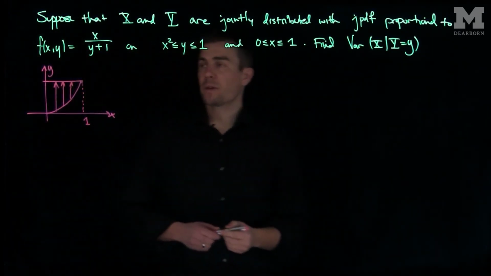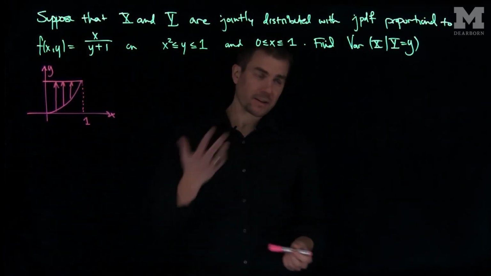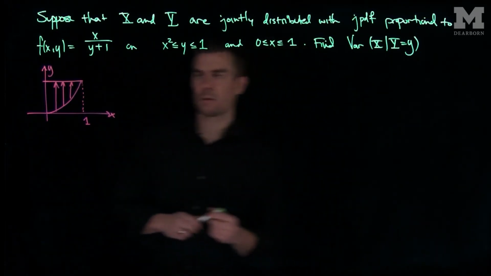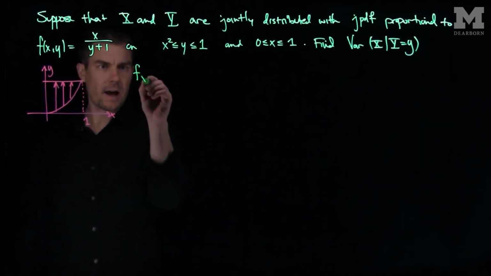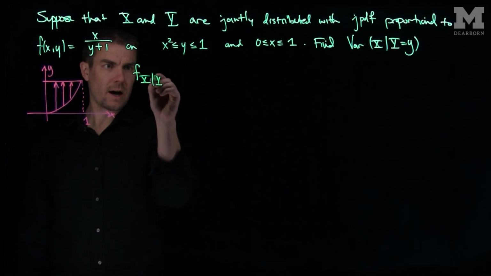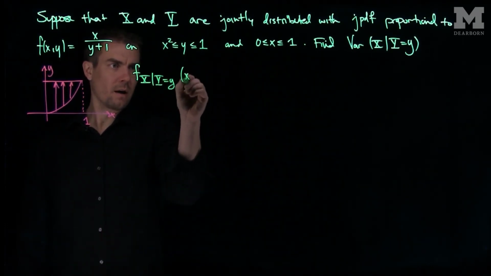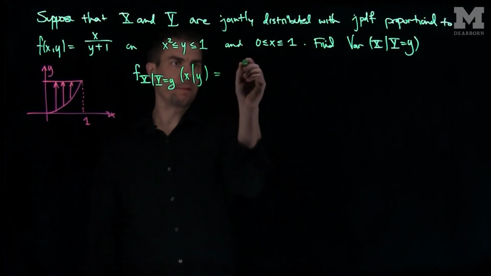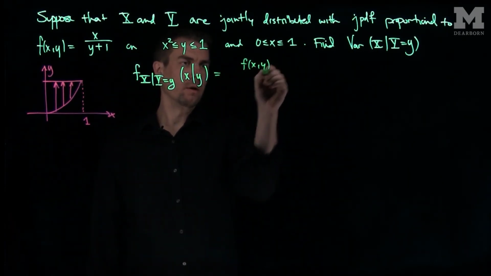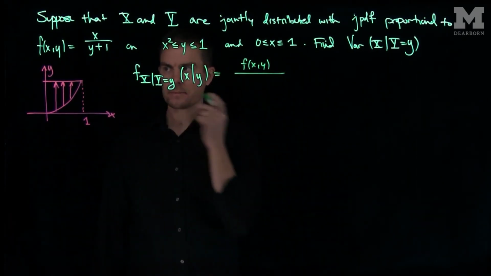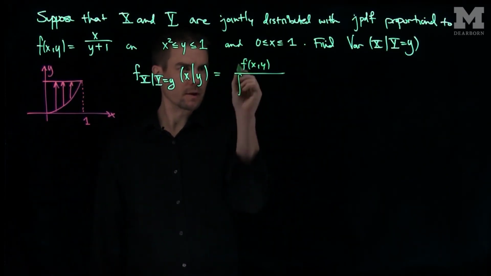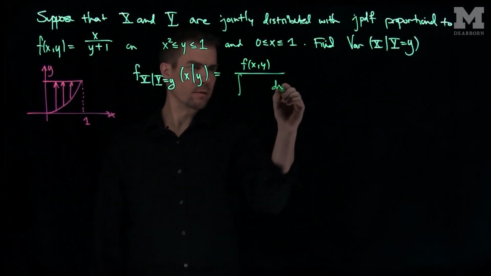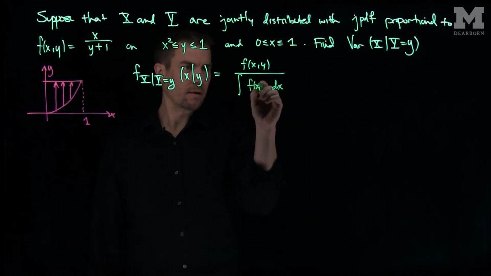And so what we need to do is find the conditional density of x given that y is equal to little y. So f of x given y equals little y is the joint PDF over the marginal PDF. So this will be a dx integral of f of x y.